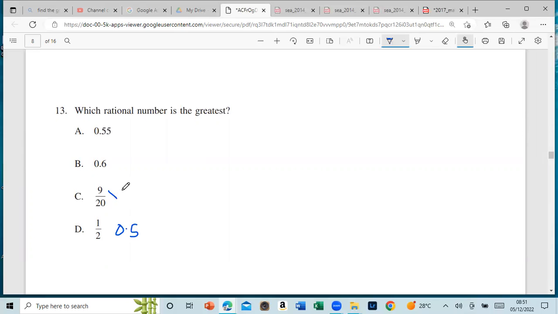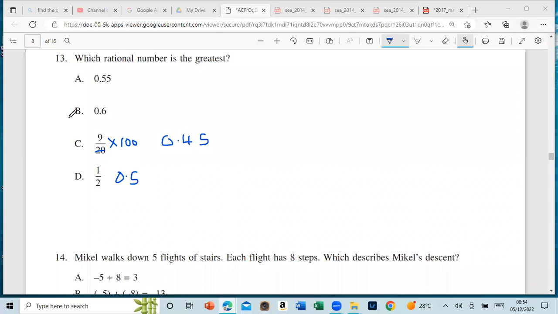Let's multiply this by 5, so this has 0.45. This value would be 0.6. Alright, so we convert everything to a decimal, and that would be B.